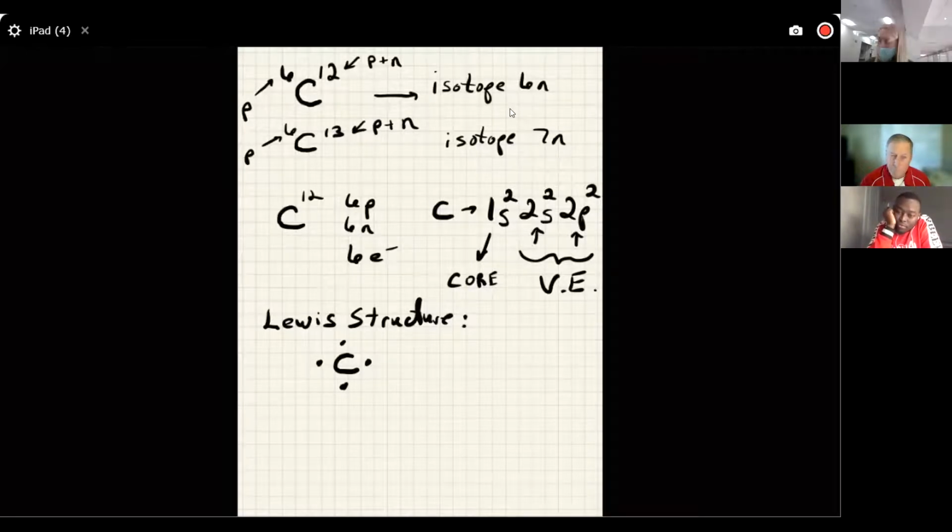Now, when it comes to bonding, we're going to see that when we talk about a covalent bond, it's a sharing. So I have an electron and you have an electron, and we're going to combine our electrons into a new orbital.